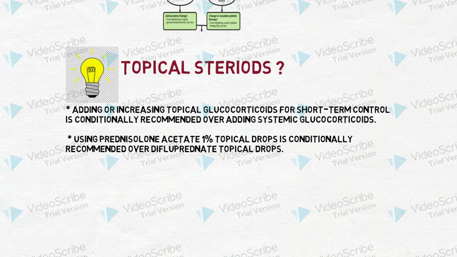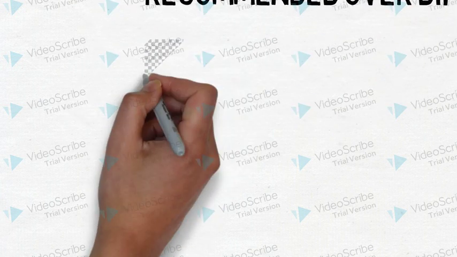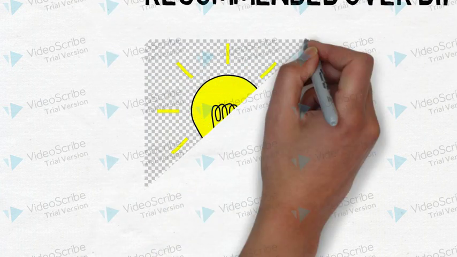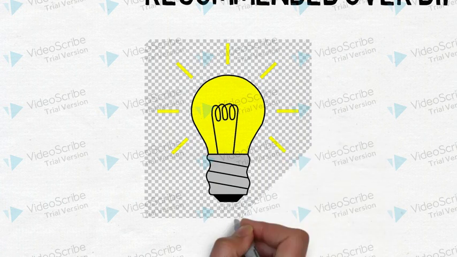We usually prefer it over difluprednate, although it is a super treatment used by ophthalmologists, because difluprednate has a higher risk of topical steroid induced cataract or glaucoma. We have less experience with difluprednate drops, so prednisolone acetate is the drug of choice mentioned in the guidelines.